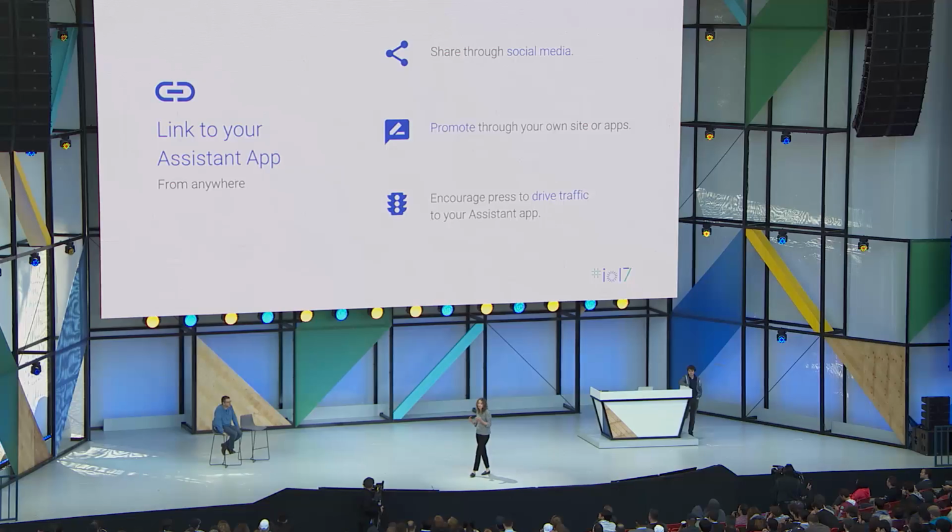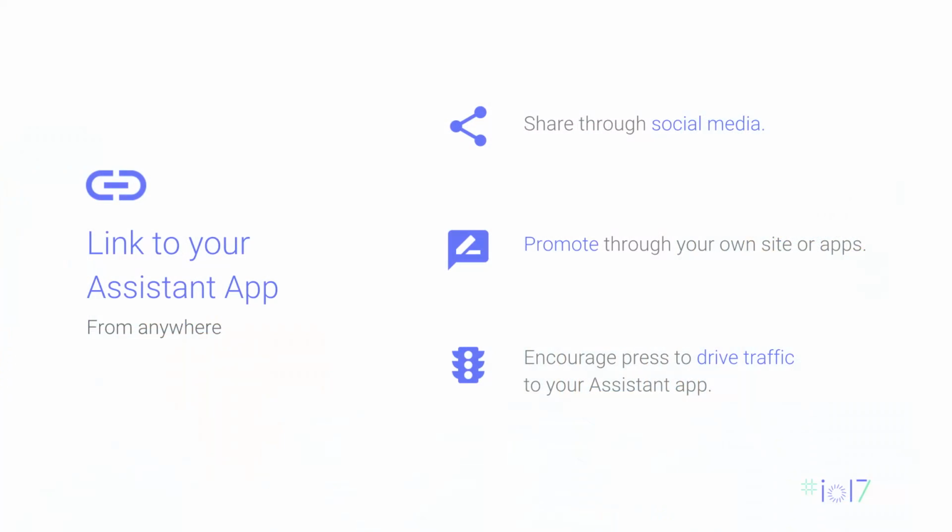Cool. The third way of growing discovery of your Assistant app is through links that you can share. So you have a role here too. You have the ability to promote and grow awareness of your Assistant app. We encourage you to do this by doing things like, one, share through social media. Encourage your users to take this viral. Two, promote through your own owned and operated properties.